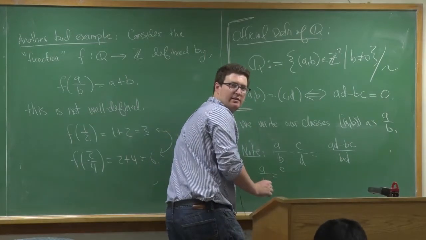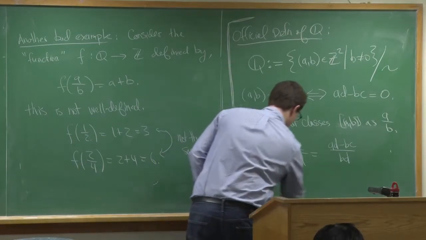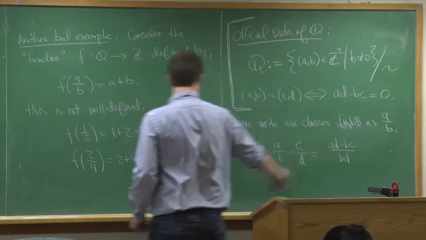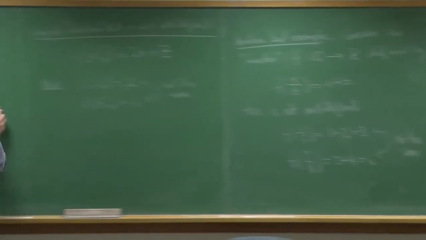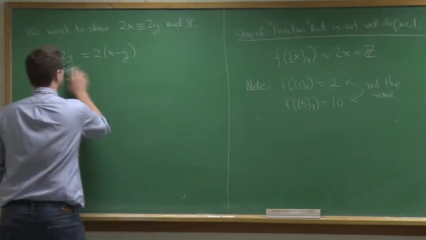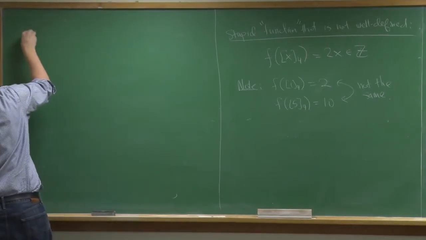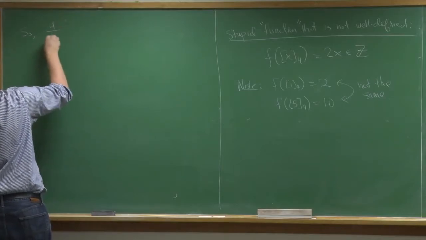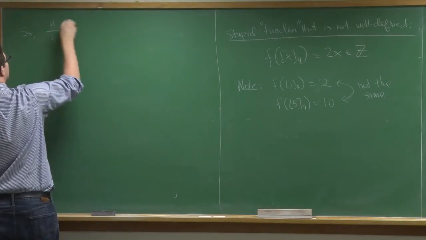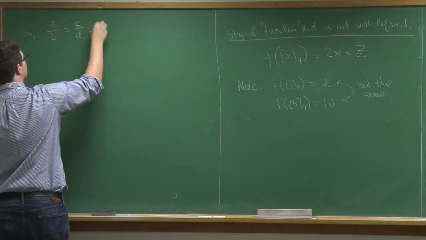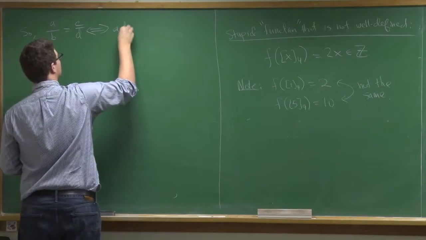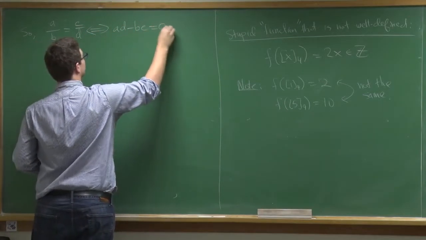Can you guys see that? Okay, so this is if and only if ad minus bc is equal to 0.